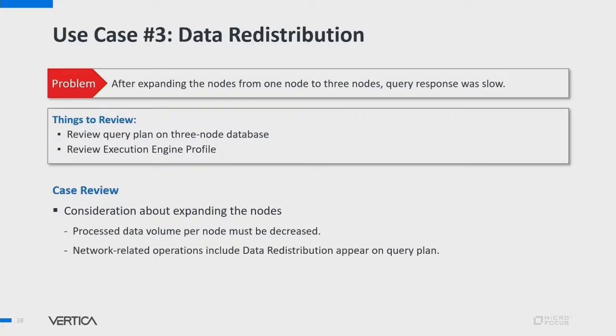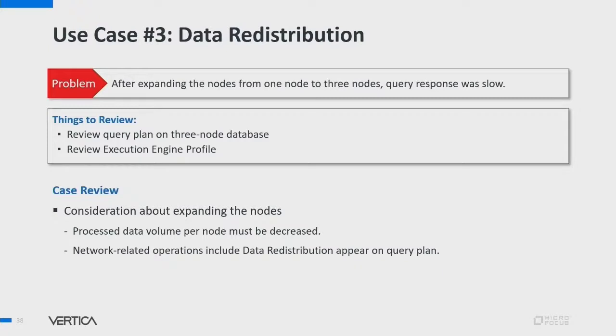Move on to the third use case, which is related to data redistribution. The problem is query response was slow after expanding nodes from a single node to 3 nodes. In such a case, check the query plan and execution engine profile on the 3-node database.